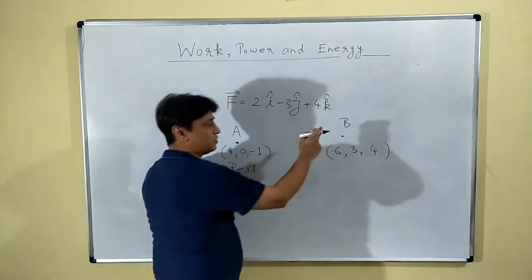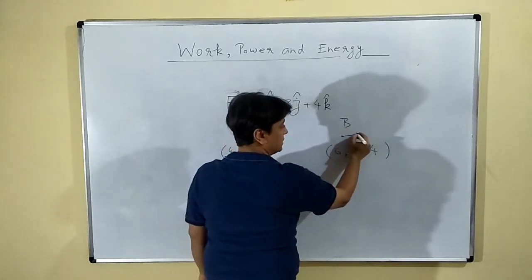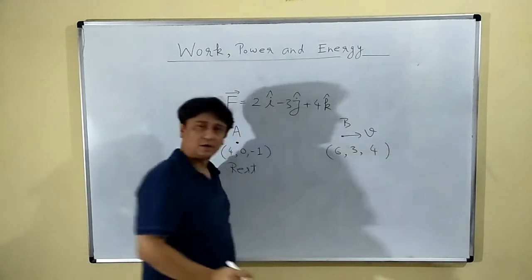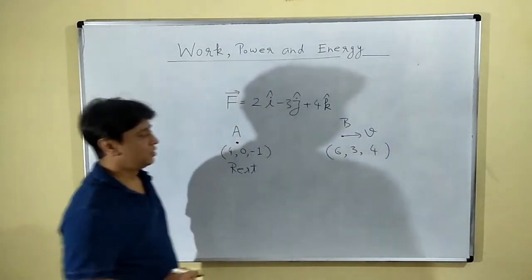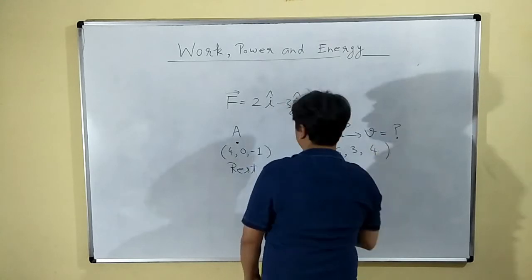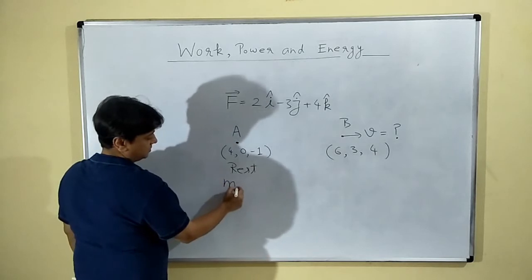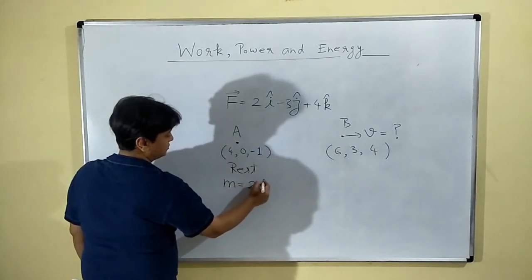And when it reaches position B, they found that its velocity is v. We need to find this velocity v. Mass of the object is 2 kg.